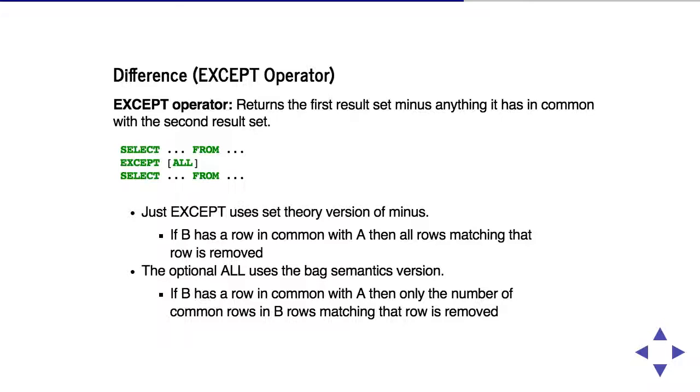But if you do ALL, it puts it in bag semantics, so that for every one there, it eliminates another one there. If you have several rows that are exactly the same, and the second result set has one, it will only take away that one row. If you do EXCEPT alone, it eliminates all of them.